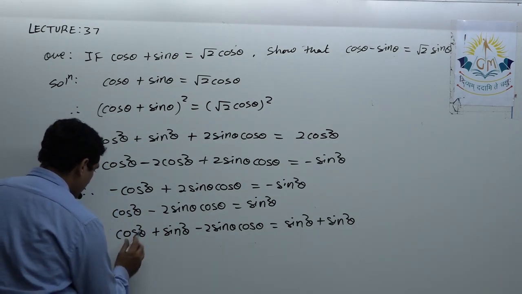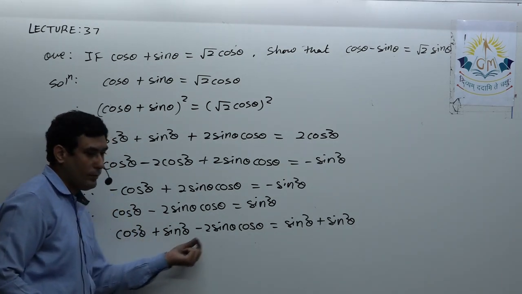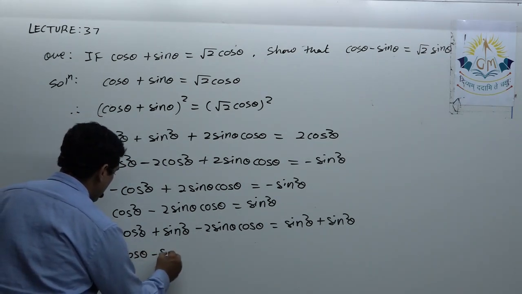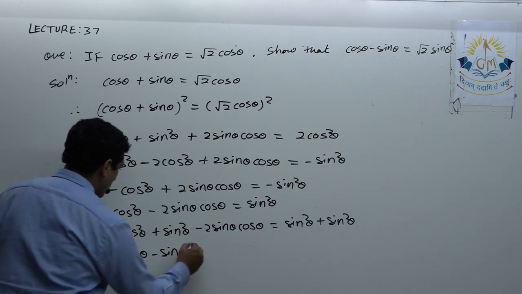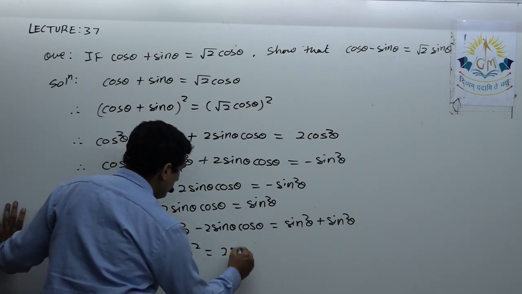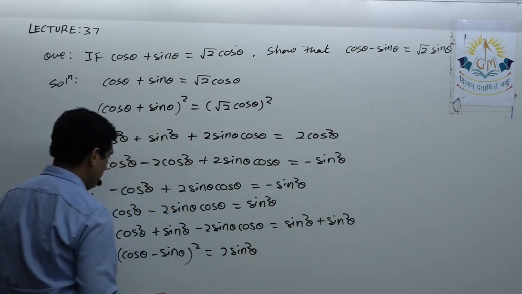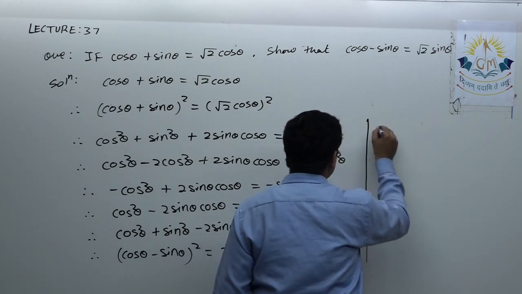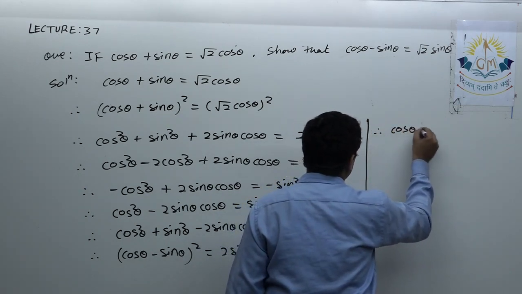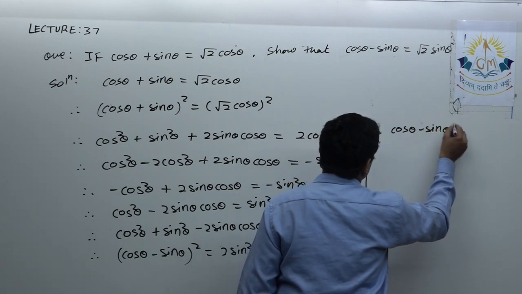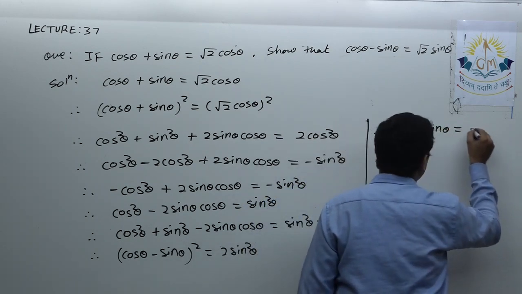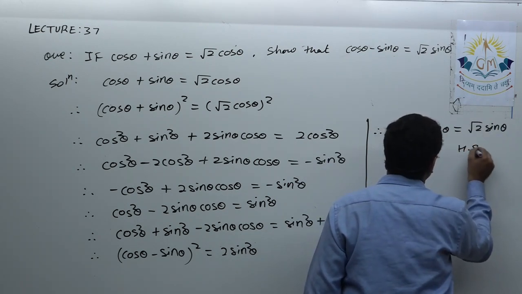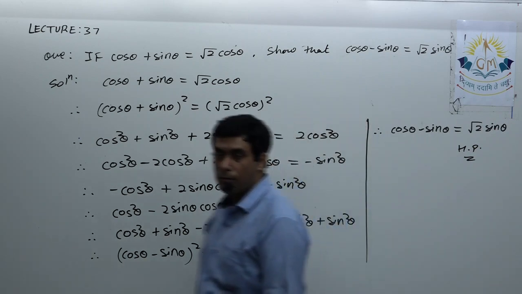Now here a square plus b square minus 2ab, that is cos theta minus sin theta whole square equal to 2 sin square theta. Now if you take the square root on both sides, you will get cos theta minus sin theta is equal to root 2 sin theta. Hence proved. So please note it.